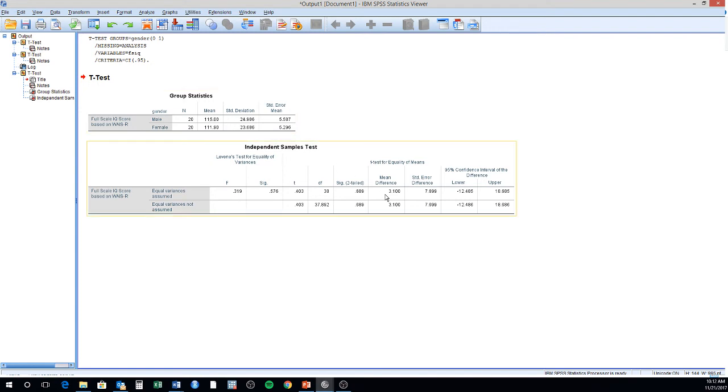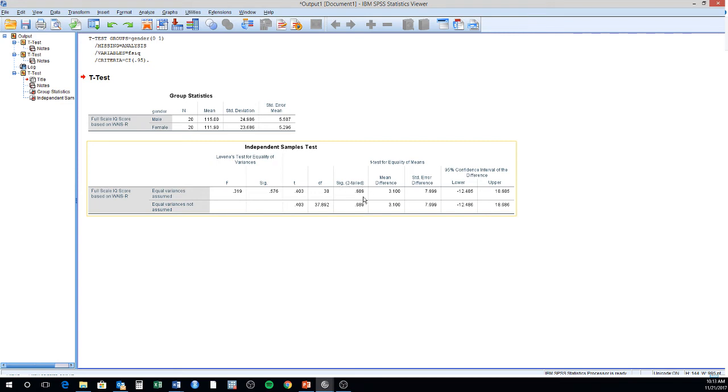So here, the mean difference is just the difference between the means. In this case, the difference in IQ between males and females is 3.1. Now, the key aspect of this is the p-value, which is given to you by this significance two-tailed test.